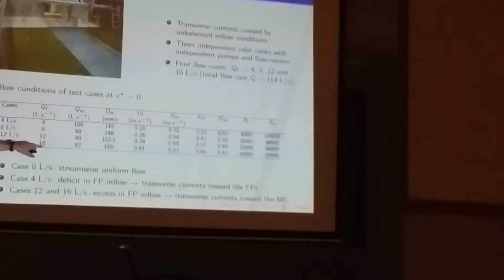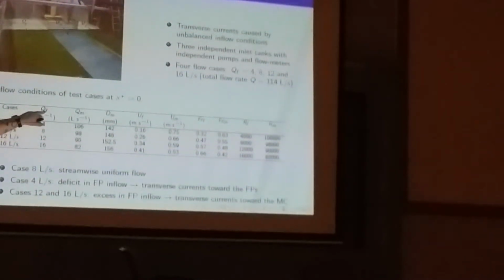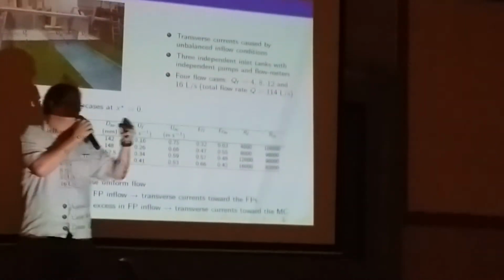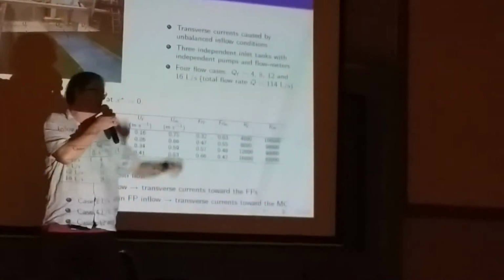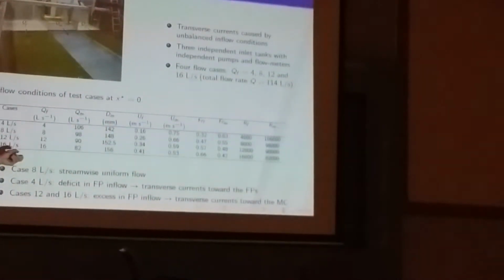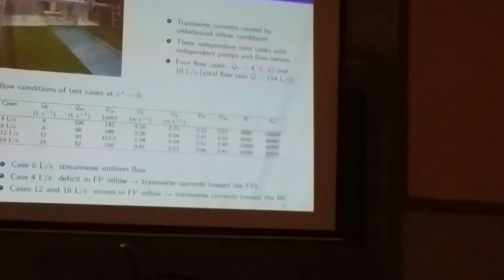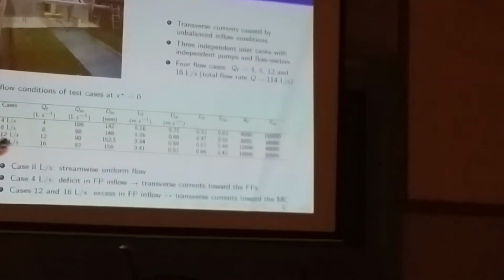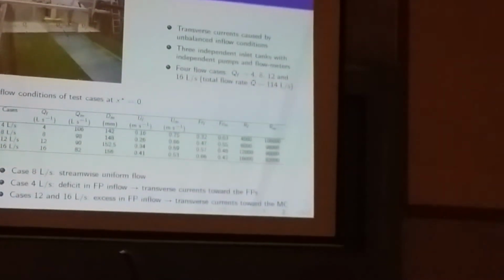And then plus 100%. I have also QF equals 0. It is a jet. If there is no flow in the floodplain, this is a jet from the main channel, but I'm not showing this result here, okay? So it's just to have a deficit equal to an excess, and a strong flow towards the main channel, you understand?